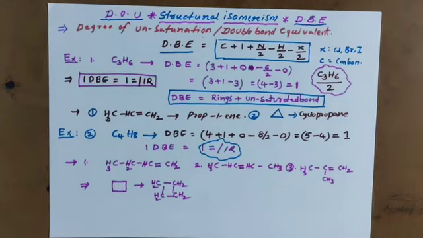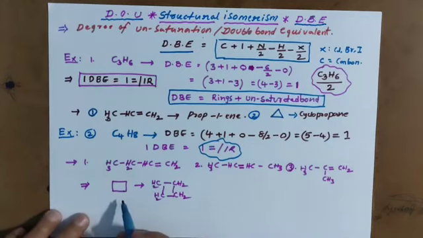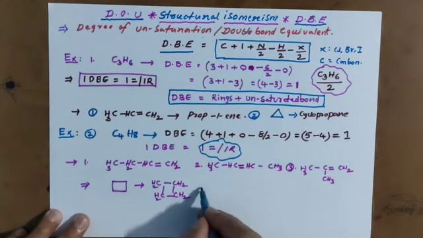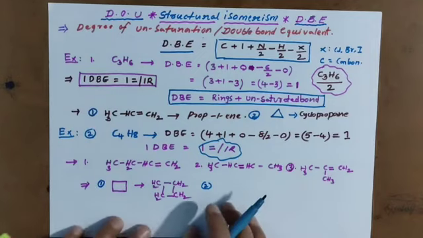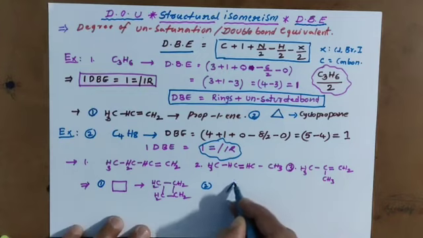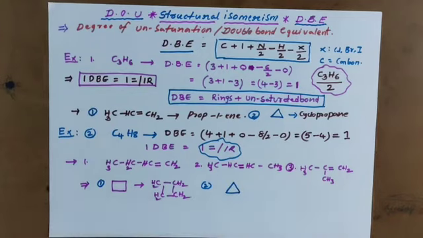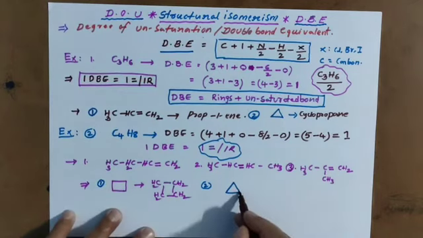If a 4 carbon cyclic compound is possible, it means we have the chance with 3 carbons also. See here I am taking 3 carbons, and I am taking 1 carbon as a substituent.